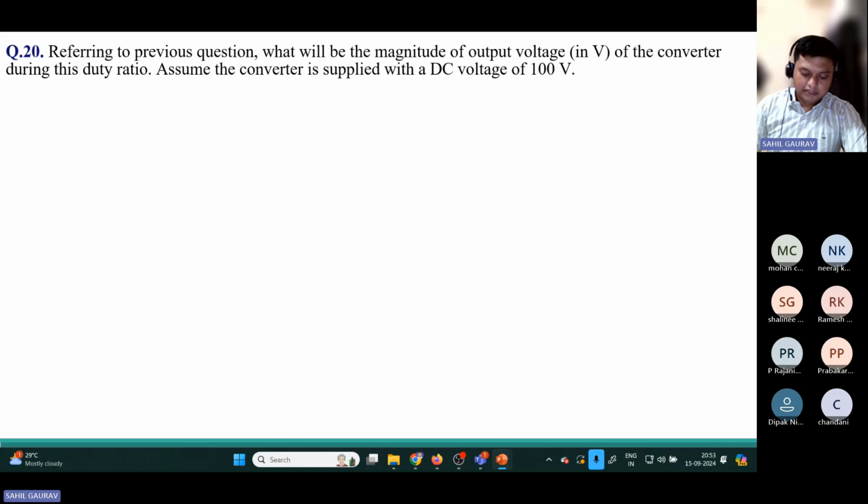So all of you once try. Here it is asking about magnitude of voltage, so you don't need to take the minus sign. So V in D upon 1 minus D. Input voltage is given as 100 volt, duty ratio is 0.5. So output voltage will be 100 volt.